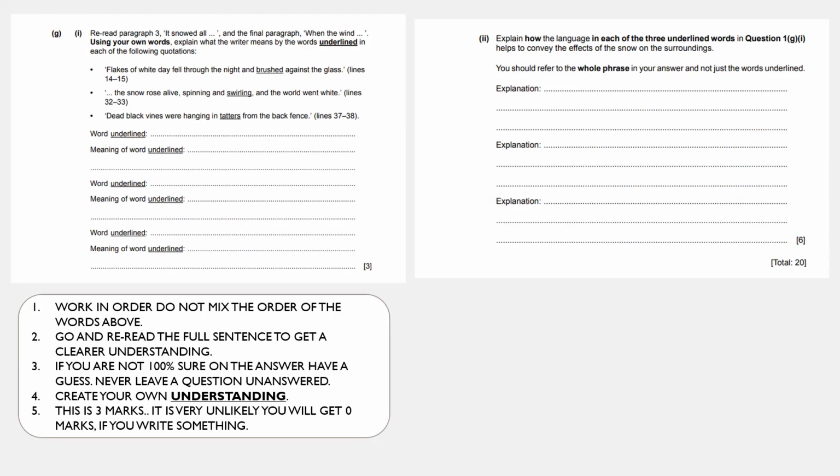Create your own understanding. At the end of the day, this is only a 3-mark question, so it's very unlikely that you will get 0 marks if you write something. Even if you feel like it might not be exactly correct, never leave a question unanswered. Reread the question if you need to, and try and help yourself understand it. Highlight key points.